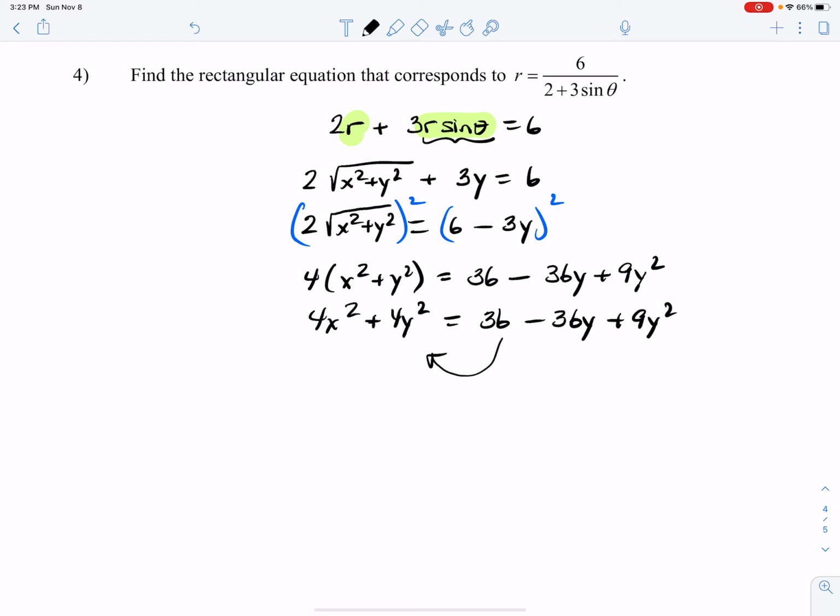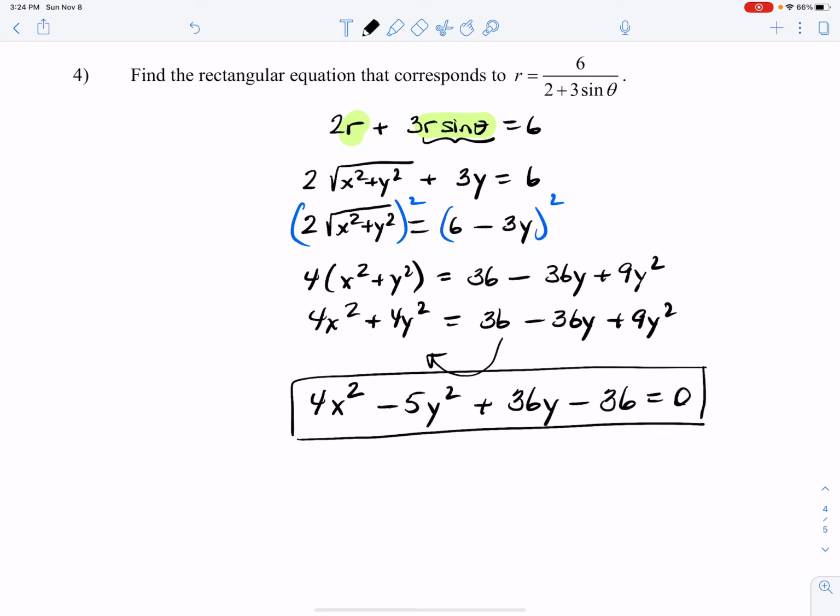I'm going to bring all the terms over here. So 4x squared, now we have 4y squared minus 9y squared, so that's minus 5y squared. That's good news. And then plus 36y minus 36 equals 0. And that is the rectangular equation of the conic that we just worked with there.